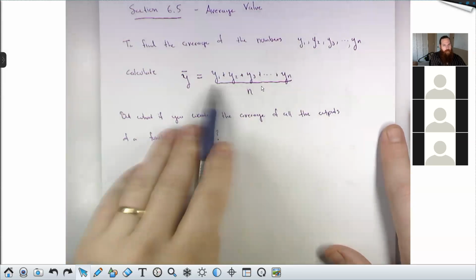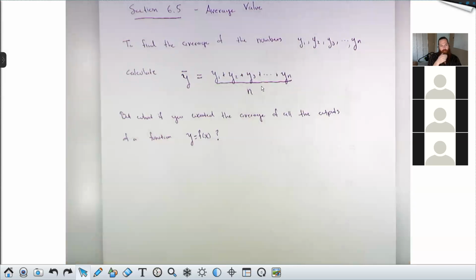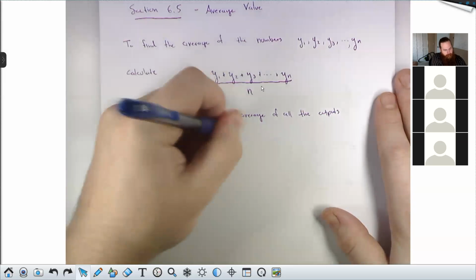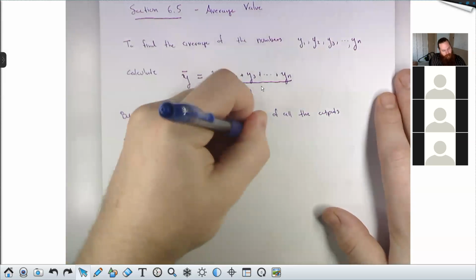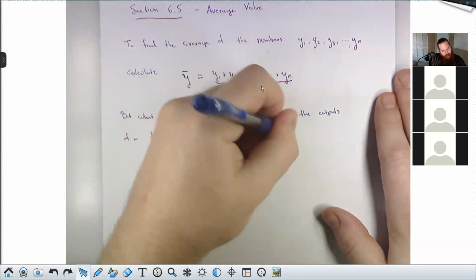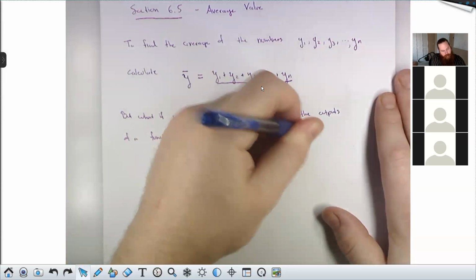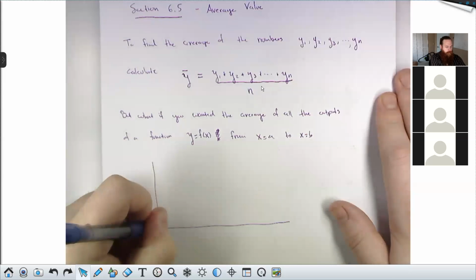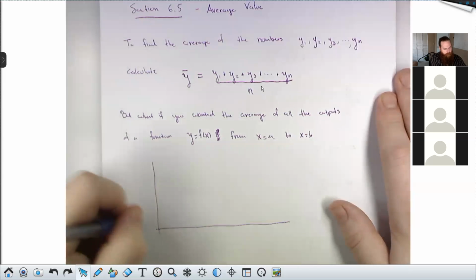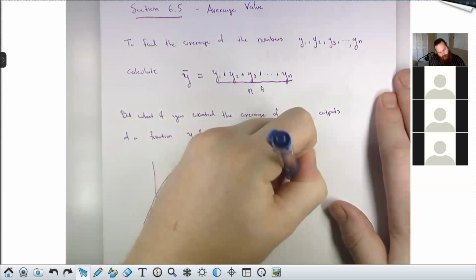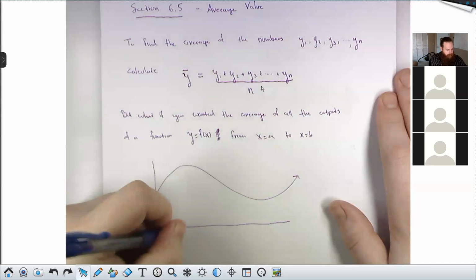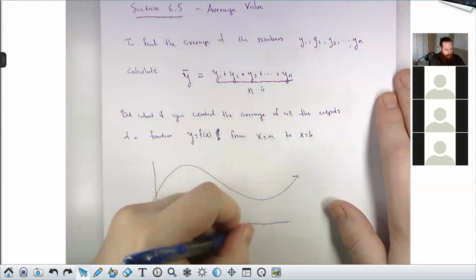This formula works great if you only have finitely many things. Say the function of x from x equals a to x equals b. So let me draw the picture. Here's your function f. Maybe here's a, and here's b.